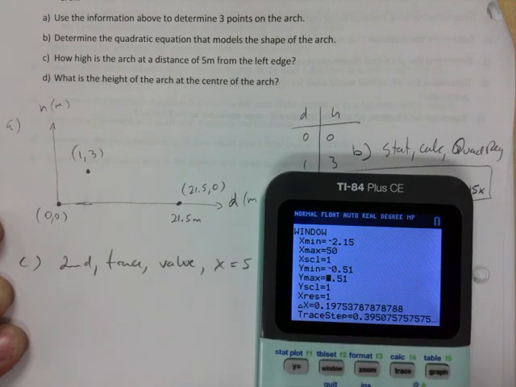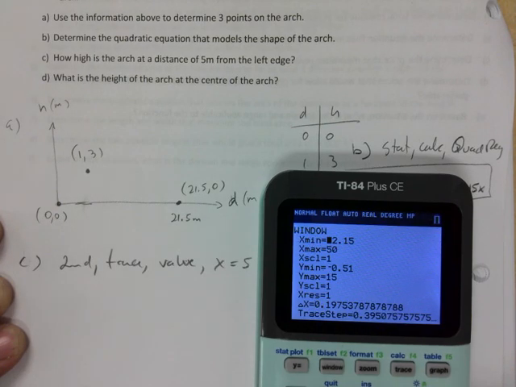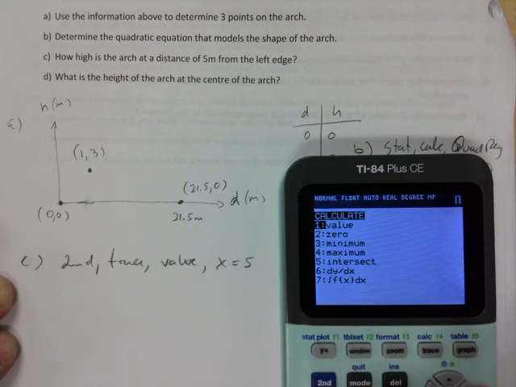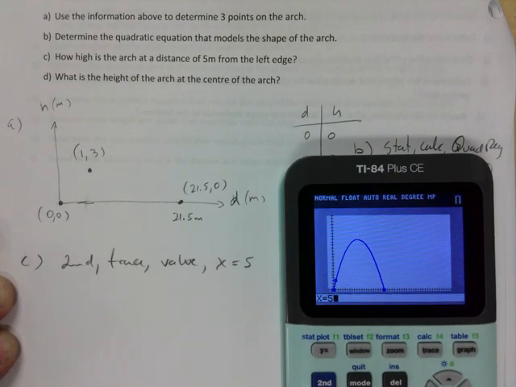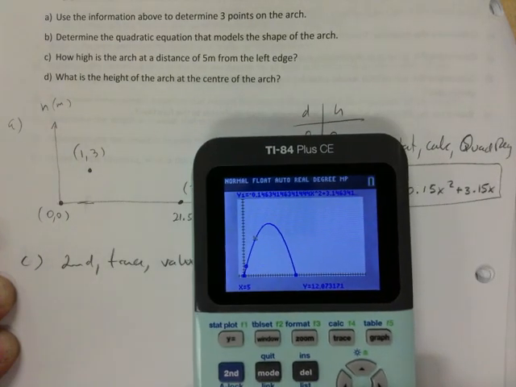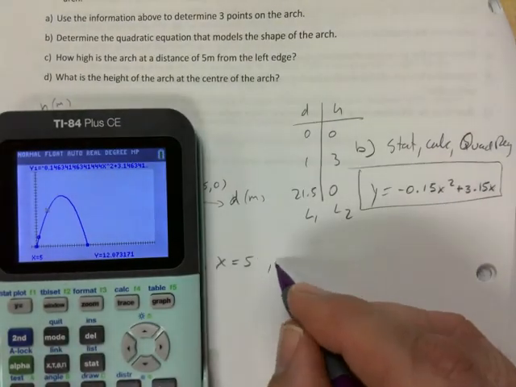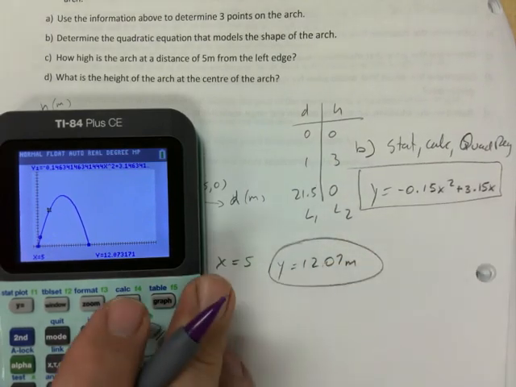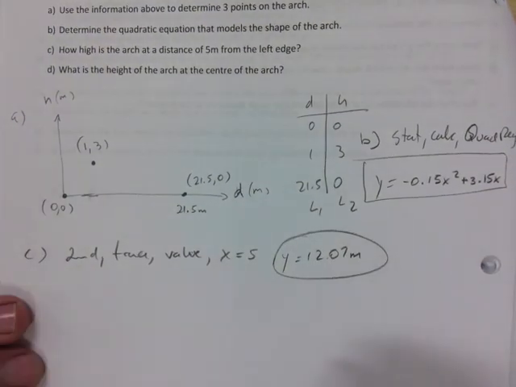I want this one higher. My bad. There we go. There's my arc, and I'm going to find that point there when x is equal to 5. I'm at a height of 12.07. Okay, and you just make sure that that's the one that you're circling.